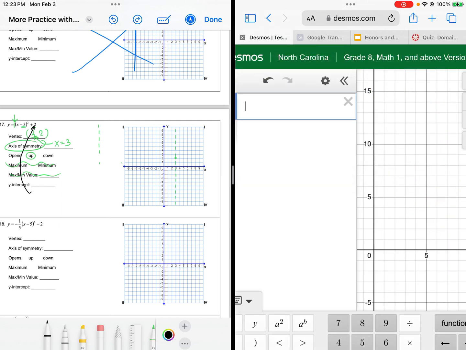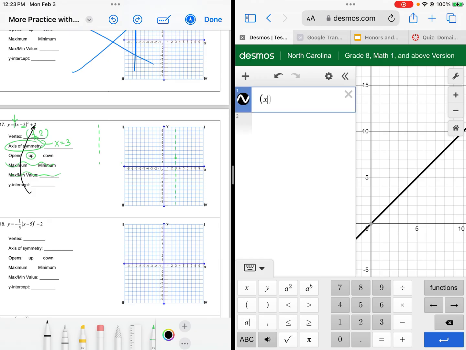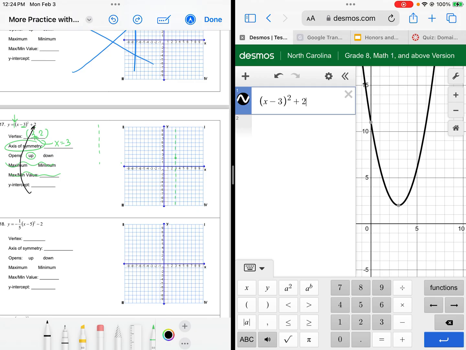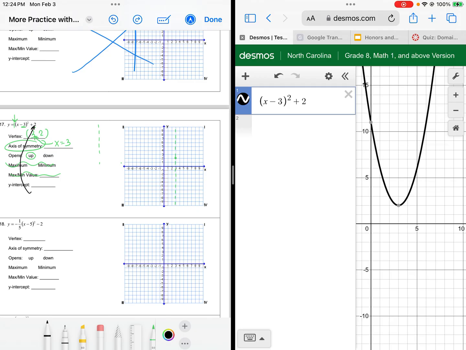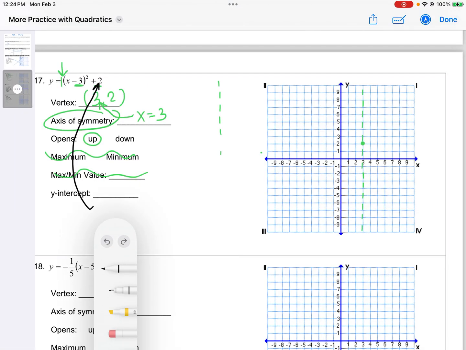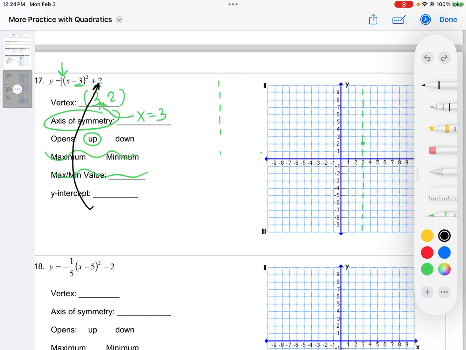I don't usually do the y equals. I would just start with the parentheses, x minus 3, squared, plus 2. Now you see that in this case your y-intercept is 11, and I'm glad we didn't look at that last number. Typically it's not the same, but my y-intercept is 11.